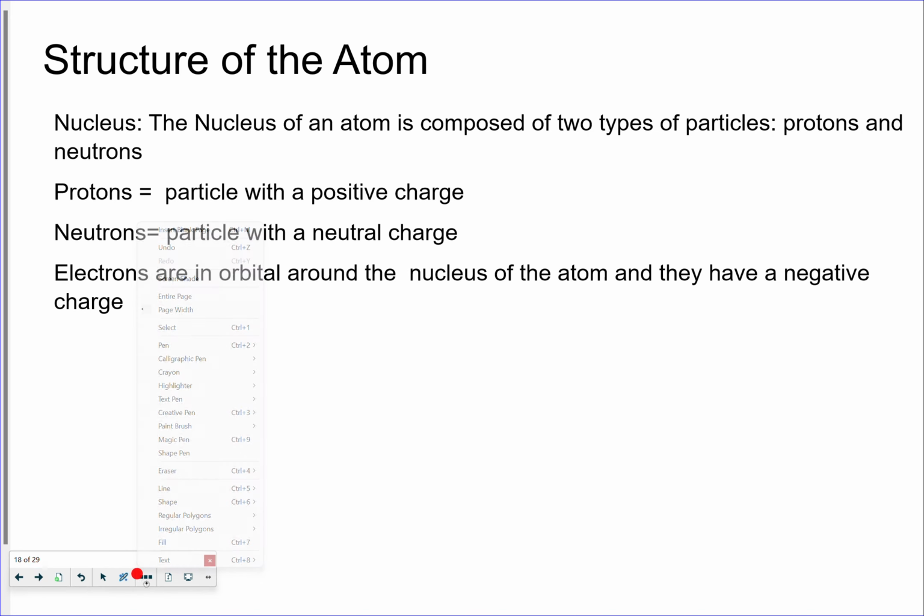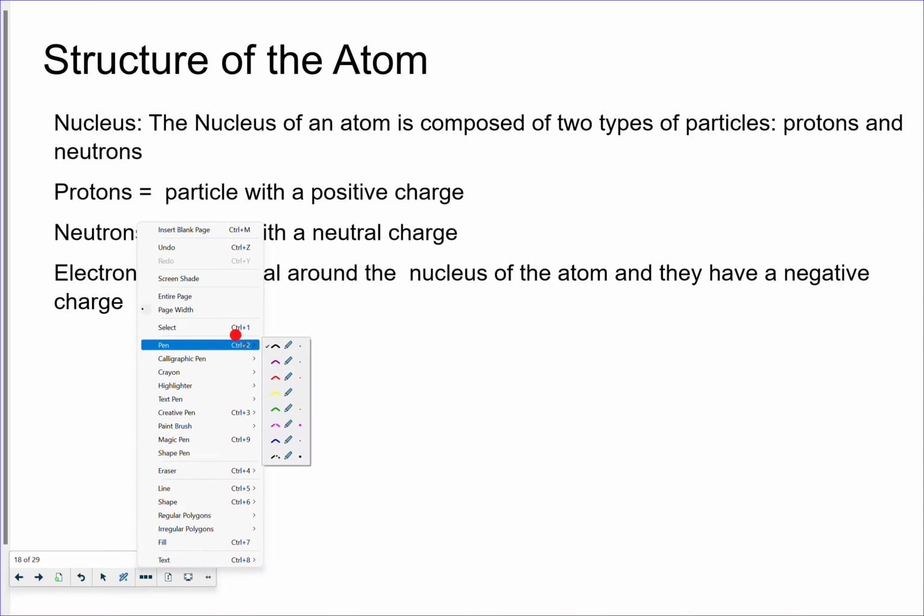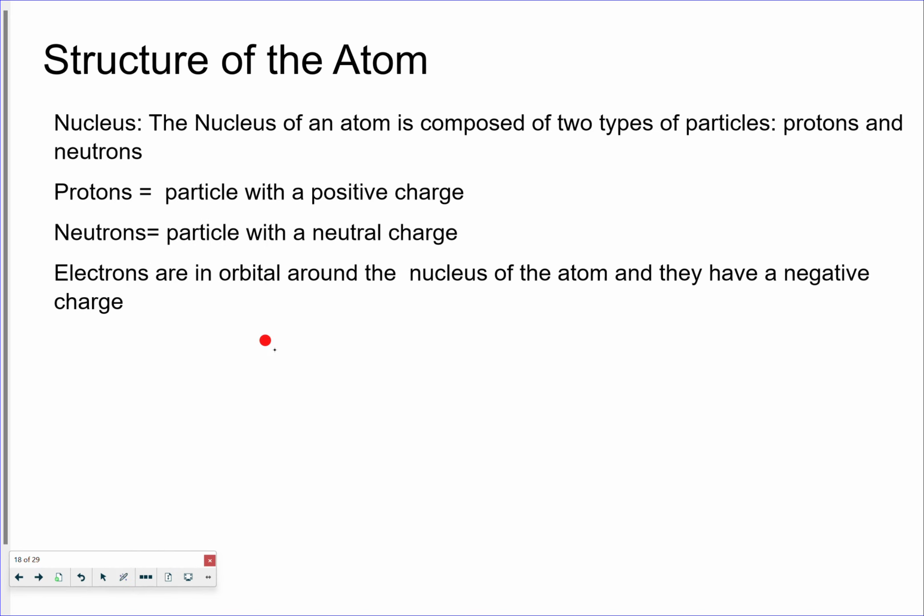So, the structure of the atom. The nucleus of an atom is composed of two types of particles, protons and neutrons. Protons are particles with a positive charge, and neutrons are particles with a neutral charge.